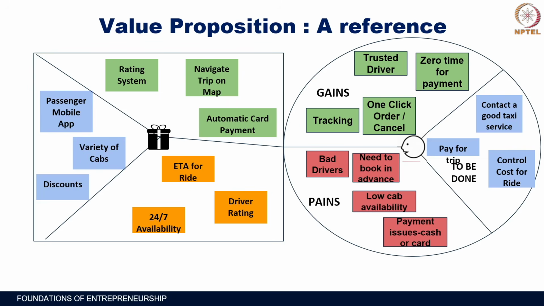Here is a reference. I have already done this. This is the same transportation reference. As you can see, the gains include tracking, one click order or cancel, trusted driver, a driver rating, no time needed to pay cash. All these are gains. The pains were bad drivers, and so on, right?